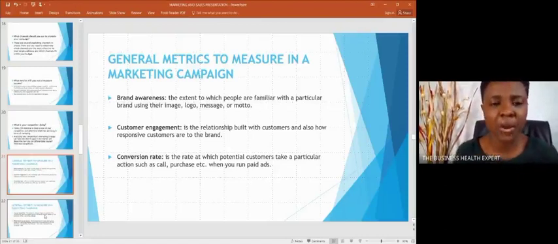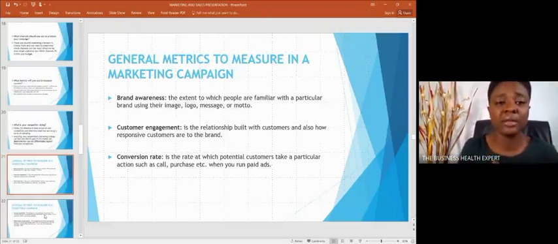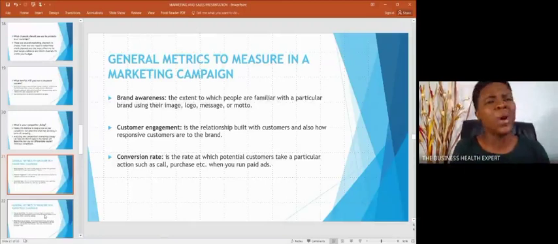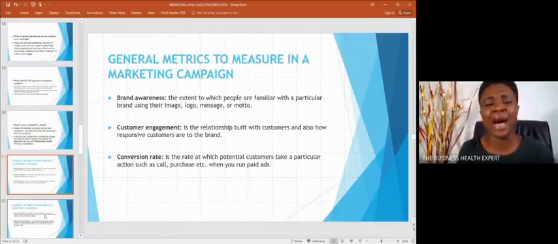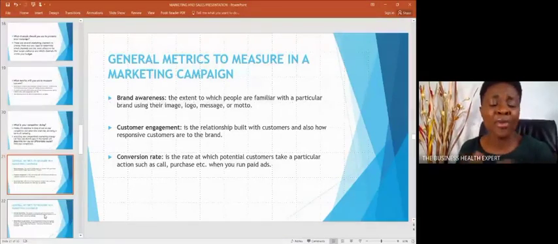For example, brand awareness. To what extent are people familiar with your products, with a particular brand, in terms of their logo, message, or motto? For example, Coca-Cola is a household brand name, KFC is a household brand name, and so many other businesses out there.